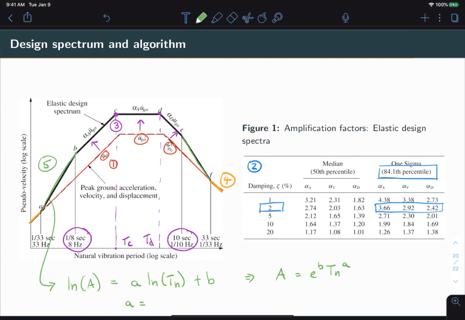Little a can be defined simply as the slope of that line. So using logarithmic identities, this can be simplified to this quantity, where A_a is the value of the pseudo-acceleration at A, and A_b is the value of the pseudo-acceleration at B. And finally, b can be obtained from the log of A_b minus a times the log of T_B.